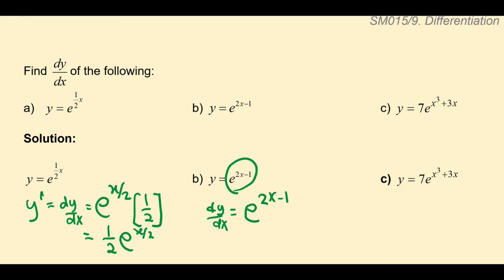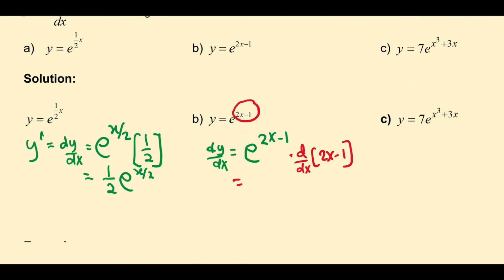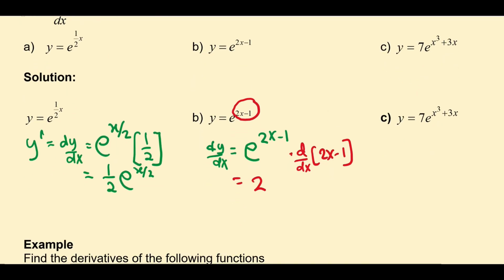Then you need to differentiate 2x minus 1, the answer is 2. So 2 times e to the power of 2x minus 1 is the answer.